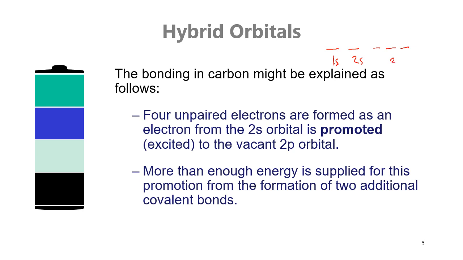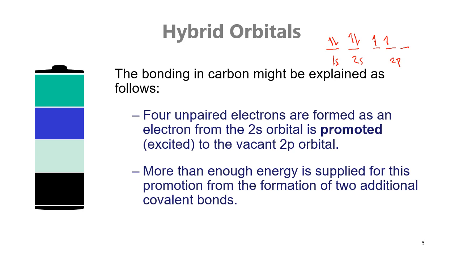So carbon's electron configuration is 1s2, 2s2, and 2p2, right? So 1s2, 2s2, and 2p2.